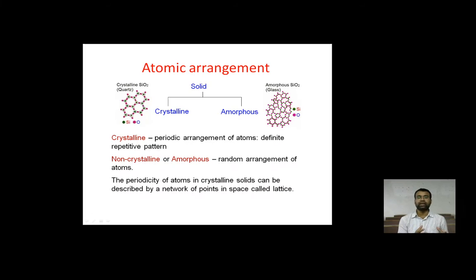In crystalline the arrangement is perfect, but in the amorphous the arrangement is not linear. Some points are connected, some are not, and that leads to another kind of property in that material.